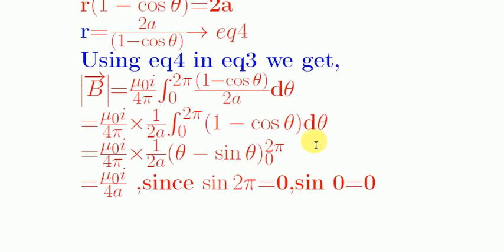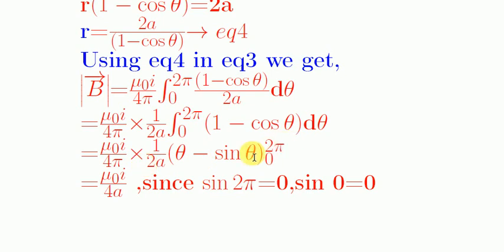In the next step, if we integrate this, then we can easily write mu 0 I by 4 pi times 1 by 2a times theta minus sin theta, because the integration of d theta gives us theta, and the integration of cos theta d theta gives us sin theta, with the limit 0 to 2 pi.